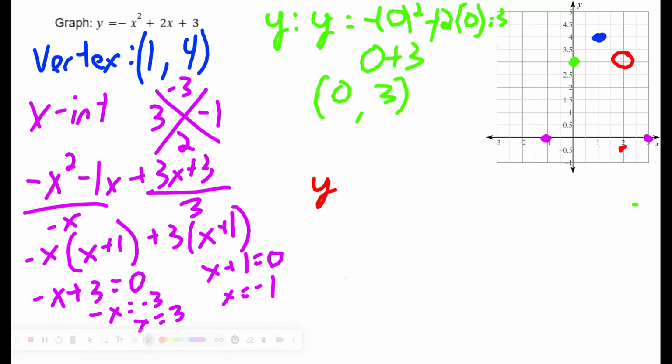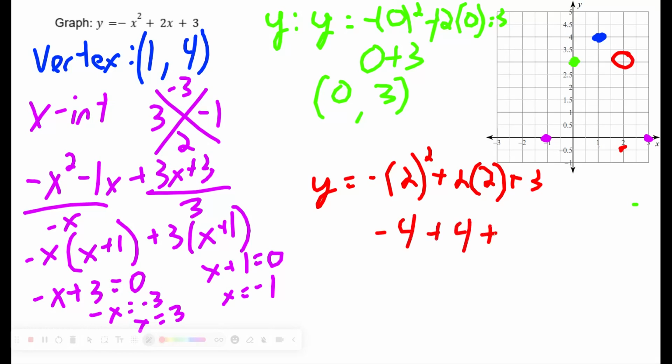We've got -2 squared plus 2 times 2 plus 3. Remember our order of operations. 2 squared is 4. -4 plus 4 plus 3. And we've got -4 plus 4 is 0 plus 3. So the next point, when x equals 2, y also equals 3.